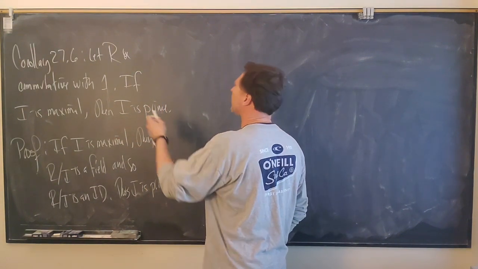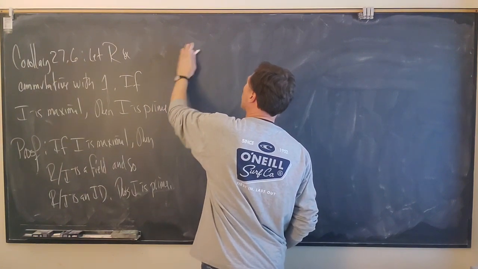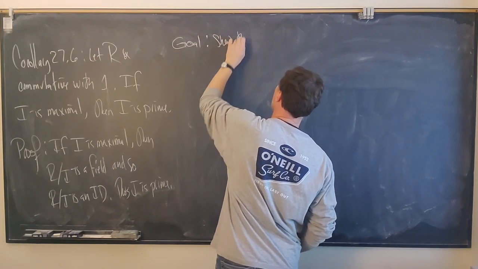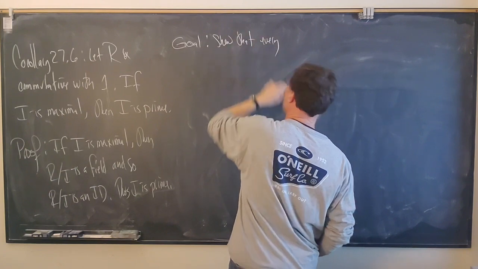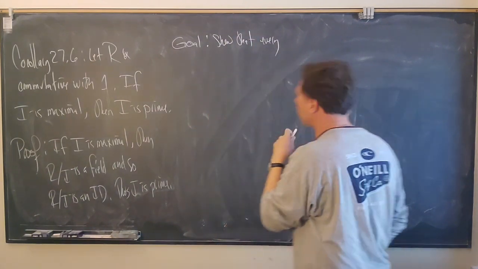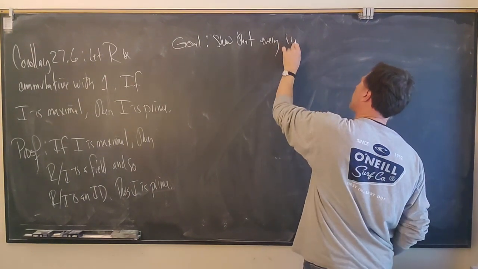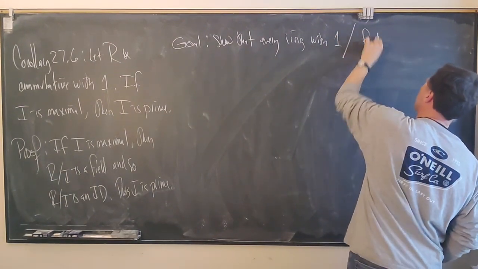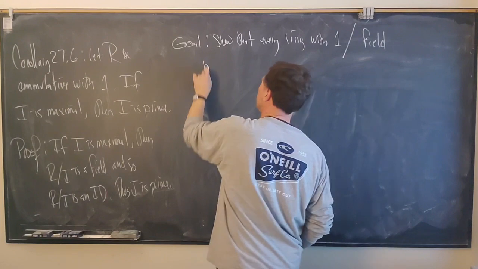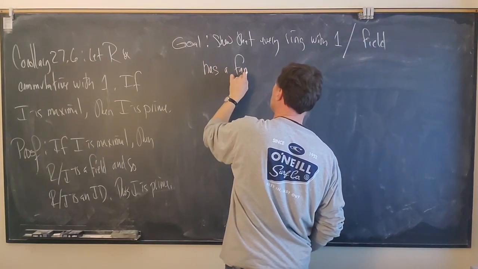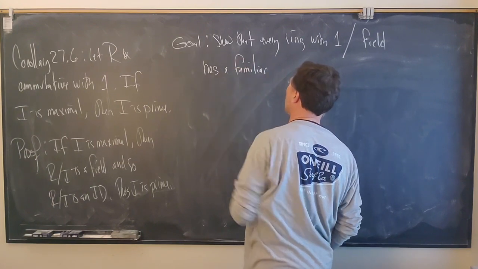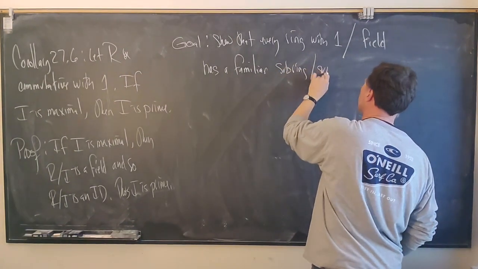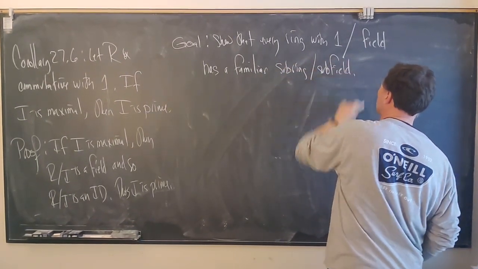Our next goal: show that every ring with 1 or field has a familiar subring or subfield, right?